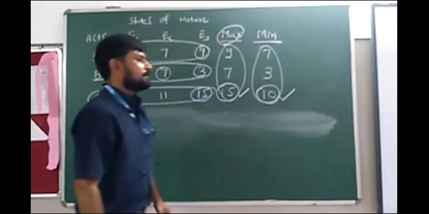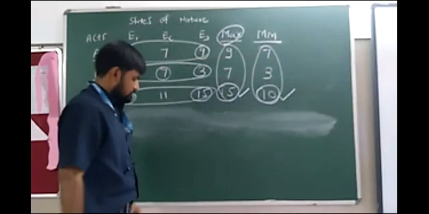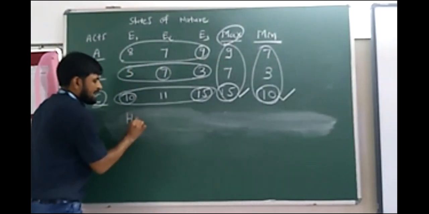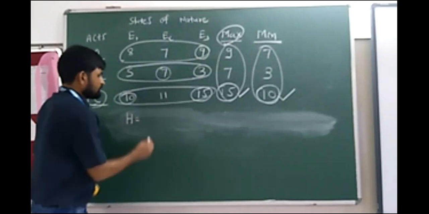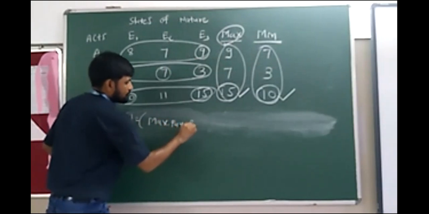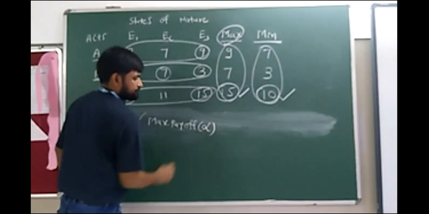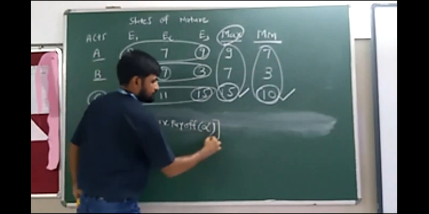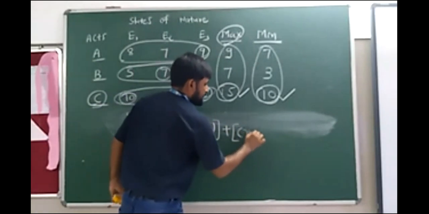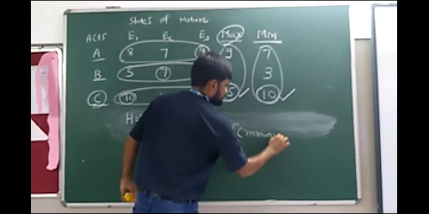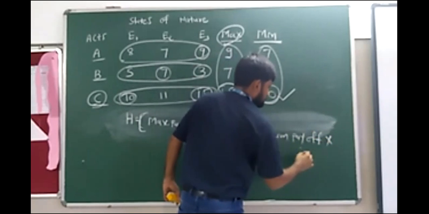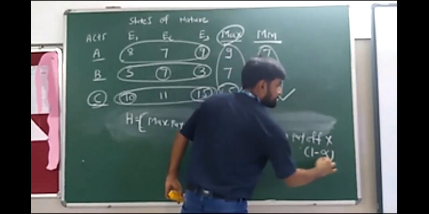To understand Harvey's rule, the formula is H equals maximum payoff into alpha plus minimum payoff into 1 minus alpha.